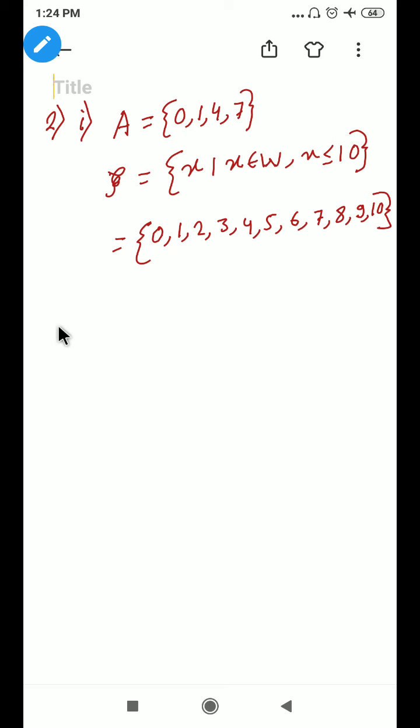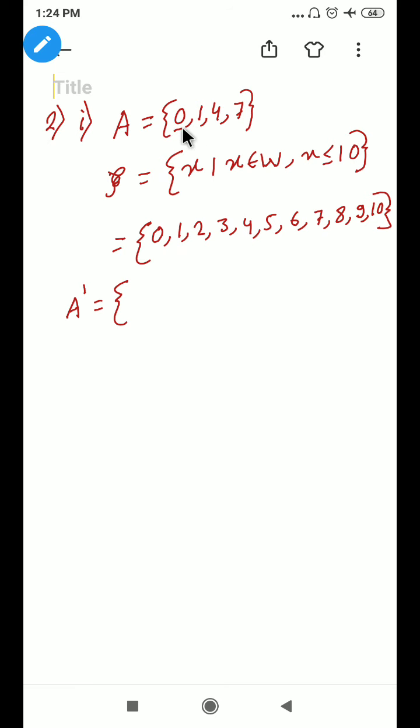Now here you have to find A dash, that means the complement. So what does it mean? Complement means you have to subtract the elements of A from xi. So xi is the universal set here. So from the universal set, that means from this xi, you have to subtract the elements of A. So if you eliminate the elements of A from xi, what will you get? Look at the common elements.